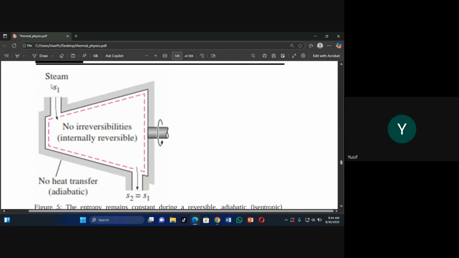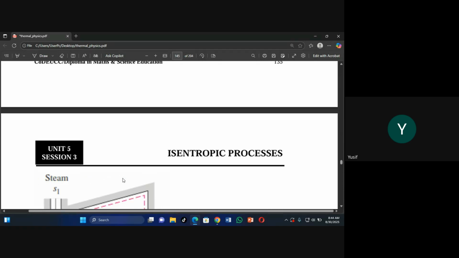So if you are going from the entropy of this state to this one for a mass, and there's no heat transfer, it means the entropy that we have for the initial state will be the same as for the final state. That's the mass in terms of entropy. For the initial state will be the same as what we have at the final state. Okay.